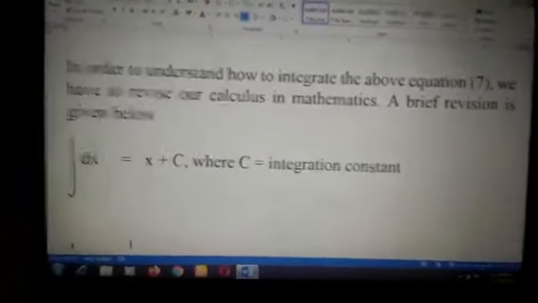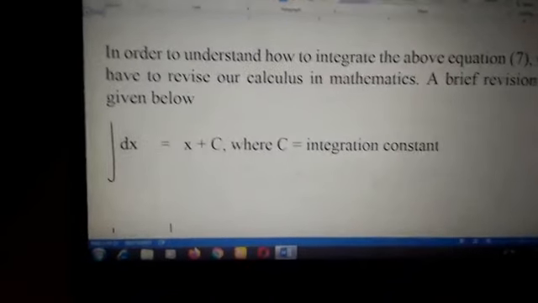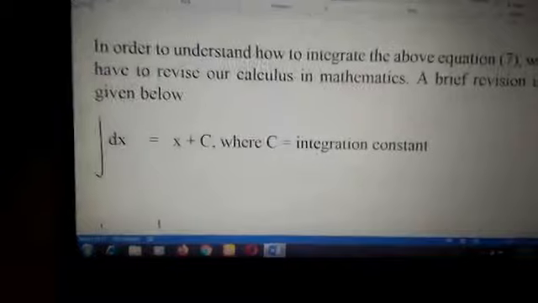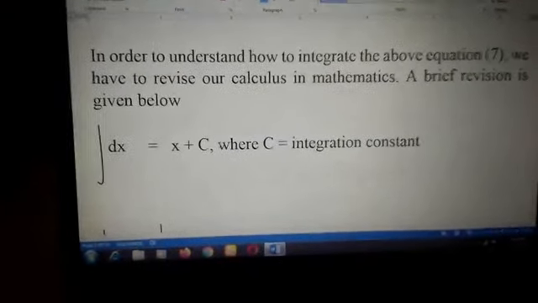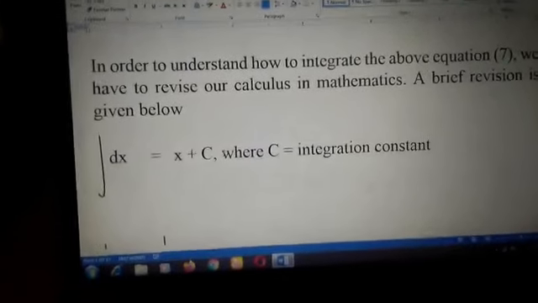So in calculus, if you integrate a differential, if you integrate ds, you get s. If you integrate da, you get a. If you integrate dt, you get t. Look at the example there. Integrate ds, you get s, then plus c, that is called the constant of integration.